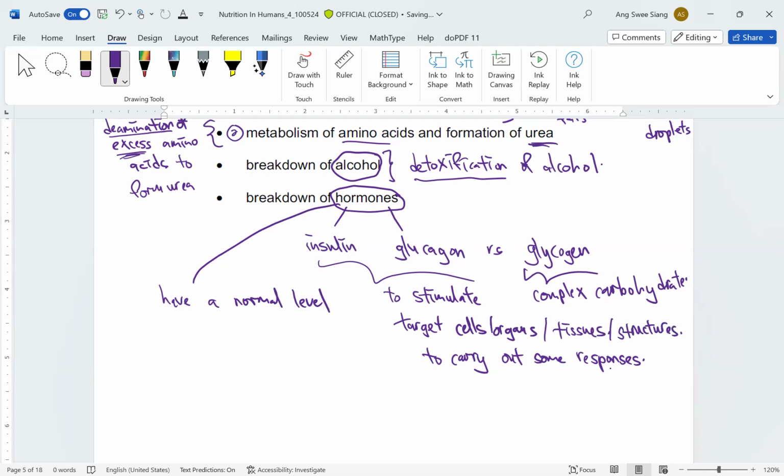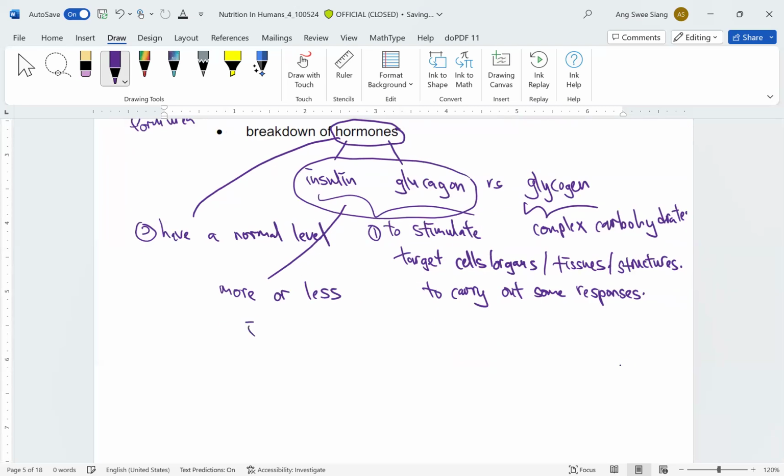Then usually they have a normal level. So when you need them to stimulate target cells, target organs, target structures to carry out certain responses, you need to tell me very clearly whether more or less is secreted. The more and the less is important.